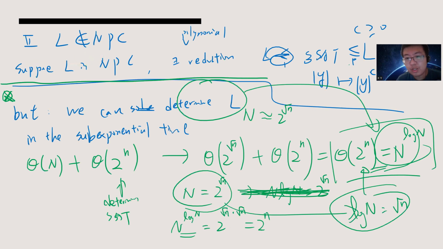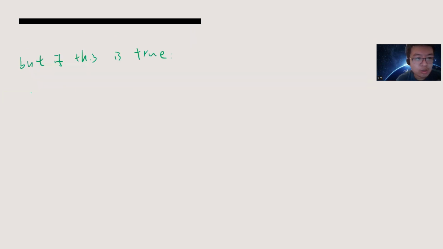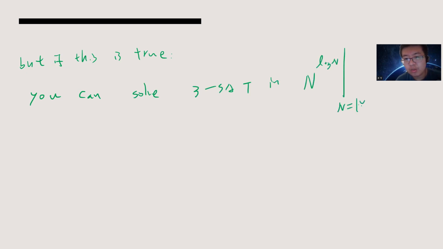Okay, but if this is true, then by previous, you can map this input y of the 3SAT polynomially into y to the c. So you can solve 3SAT in N log N time, but restricted N to be y to the c.